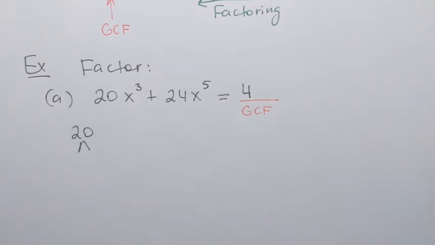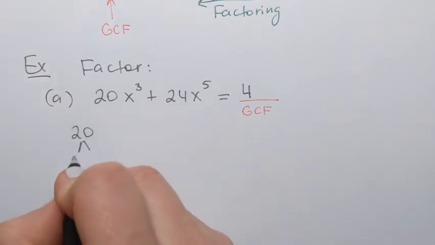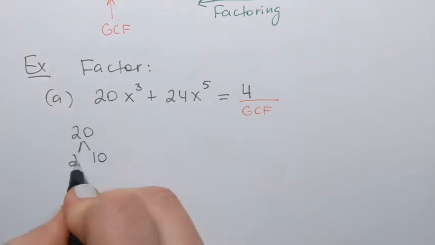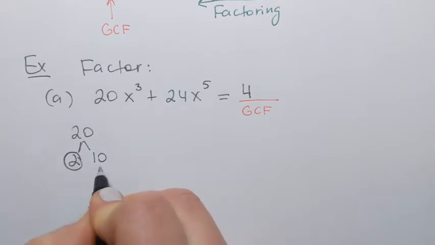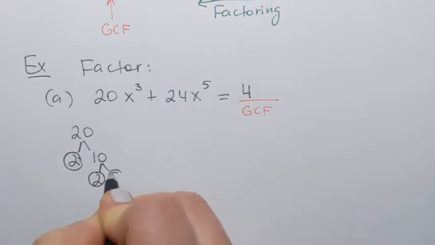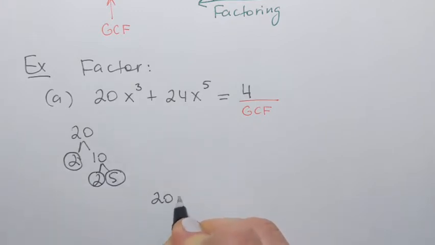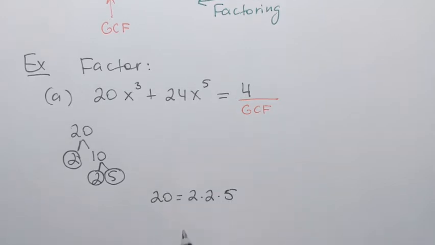For that, we're going to start splitting each number any way we can. So 20 I can split as 2 times 10. Now 2 is prime, I'm going to circle it, and then 10 I can split as 2 and 5. Both are primes, I'm circling them. So 20 consists of 2, 2, and 5. If I multiply those out, I'm going to get 20.